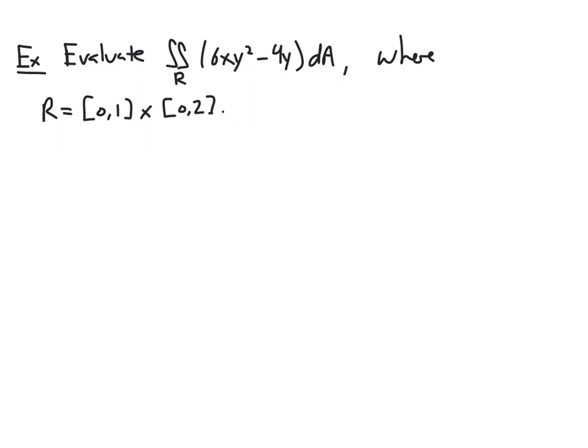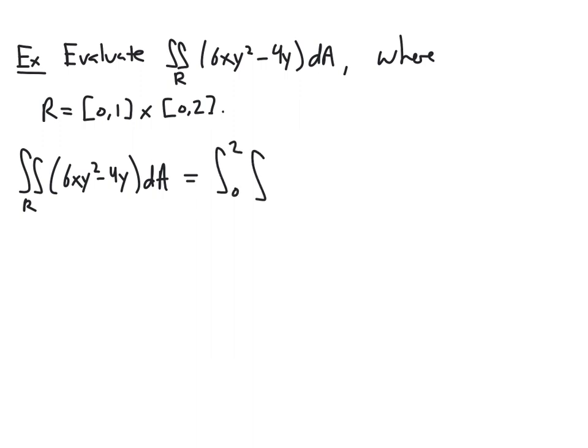All right, so now to actually compute this integral, again, we're going to want to use an iterated integral. I'm going to do the integral from 0 to 2 on this one first, and then the integral from 0 to 1.